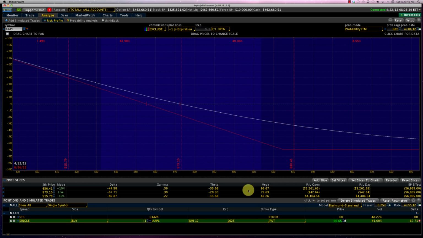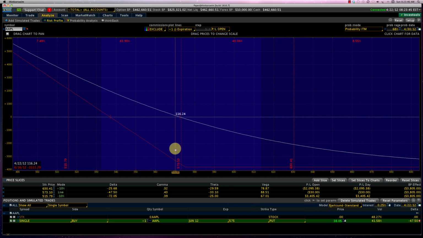Now let's look at this from a seller's perspective, and let's start with our at the money put option that we saw. If we were a put buyer, this is what our profit and loss graph looks like. But if you were a put seller, then this graph will be exactly reversed on the x-axis.